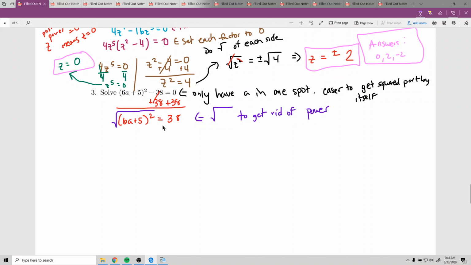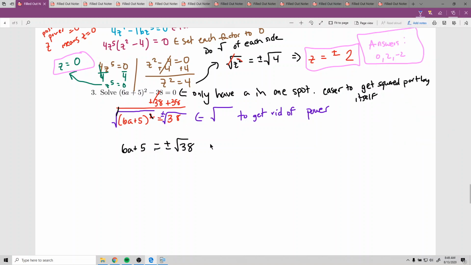So we do the square root of each side. We do not forget our plus or minus. The squared and the square root knock each other out. So on the left side, we just have the inside. You don't have to write the parentheses anymore because the exponent's gone. 6a plus 5 equals plus or minus the square root of 38.